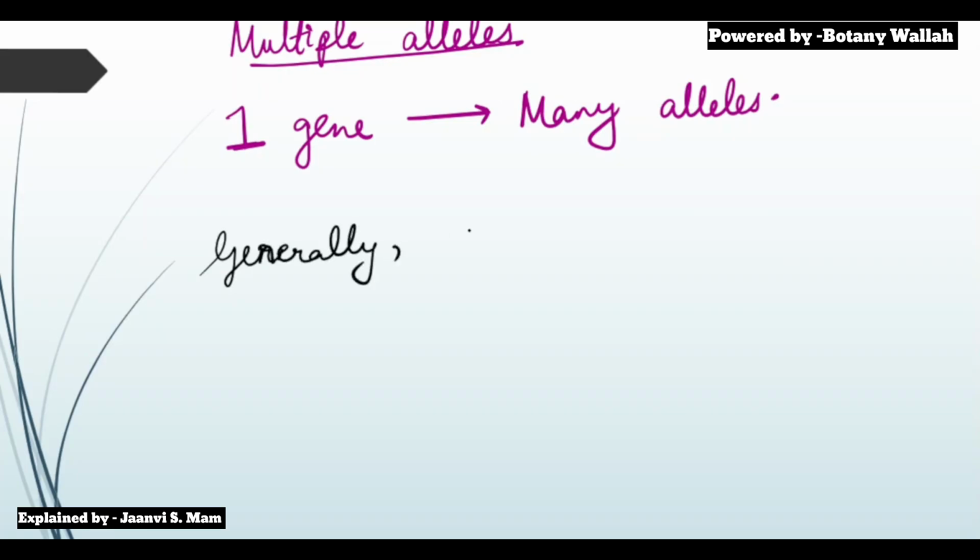Generally we say that there is one gene and two alleles, but it is found that one gene can also have a number of alleles.